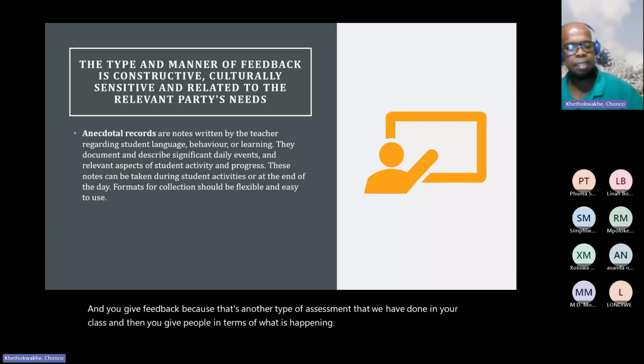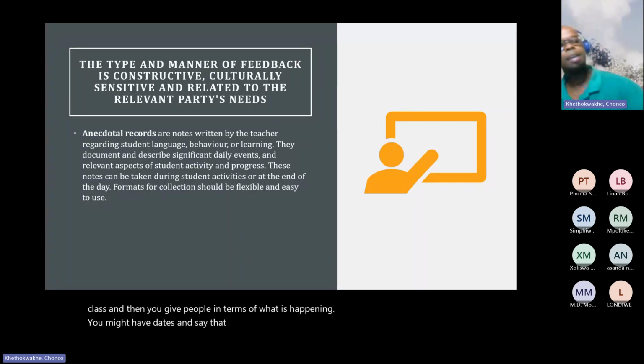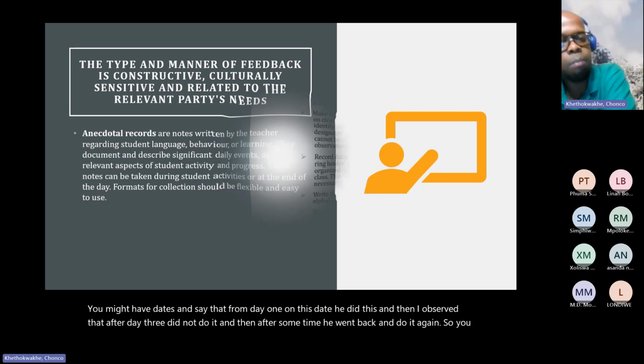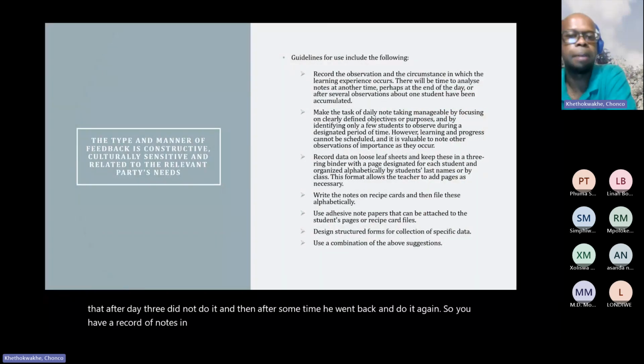You might have days and say that from day one on this date he did this, and then I observed that after day 3 he did not do it, and then after some time he went back and did it again. So you have a record of notes in terms of what happened.